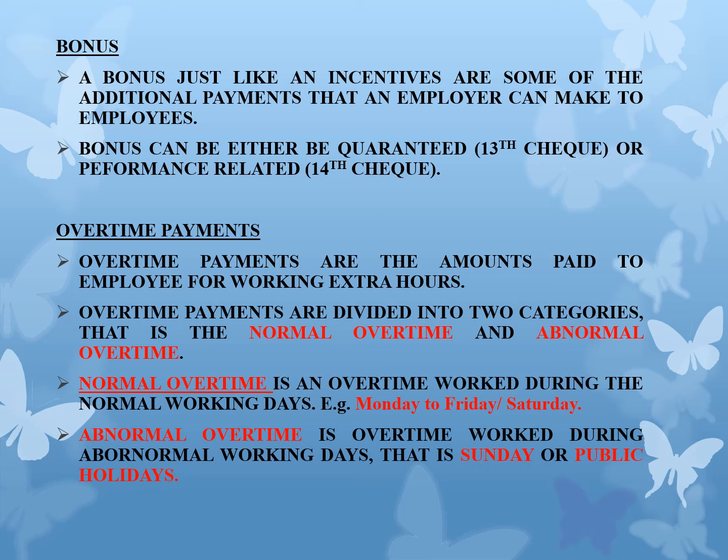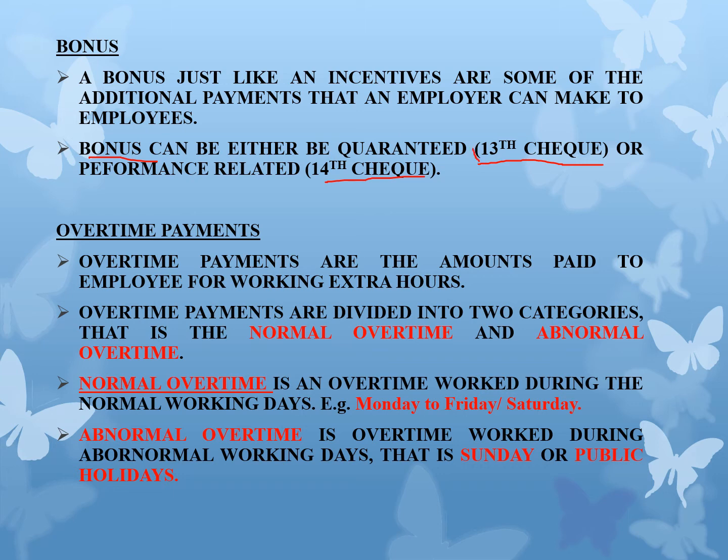We've got two types of bonuses. A bonus can be either a 13th check or a 14th check. With the 13th check, you are going to get it irrespective of your performance, while the 14th is performance related. So there are two types.